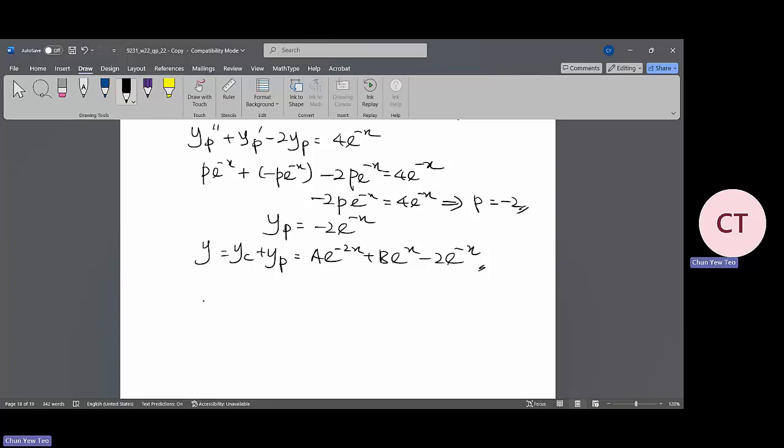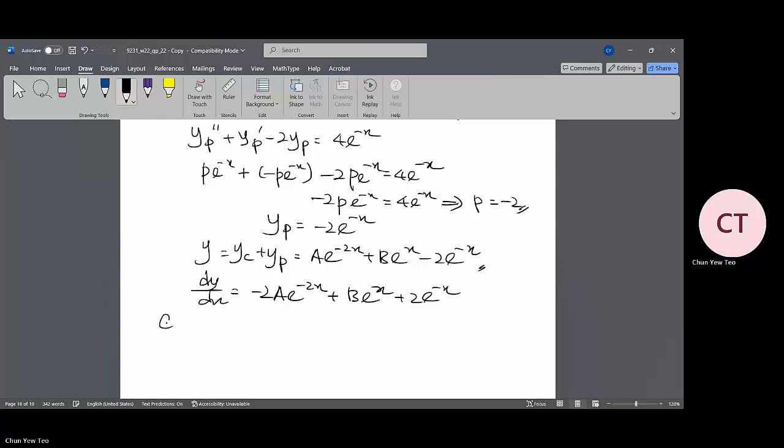So for the particular solution, we need to find dy/dx. It will be negative 2Ae^(-2x) plus Be^x plus 2e^(-x).